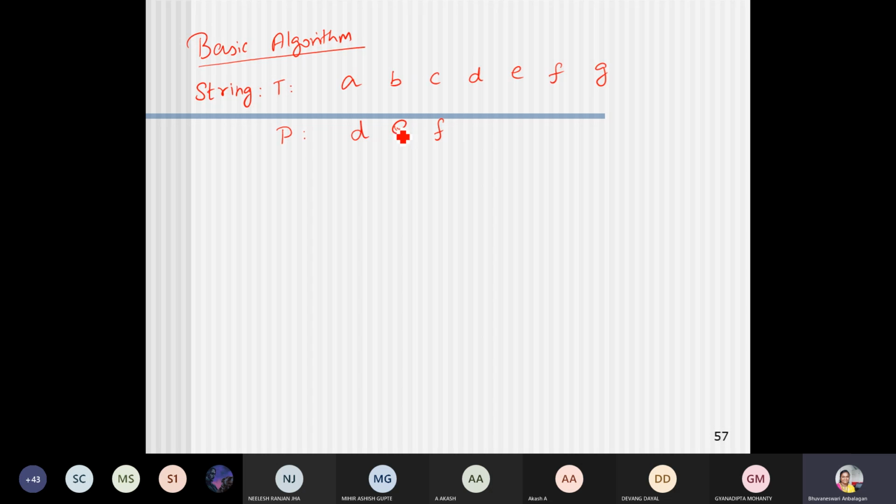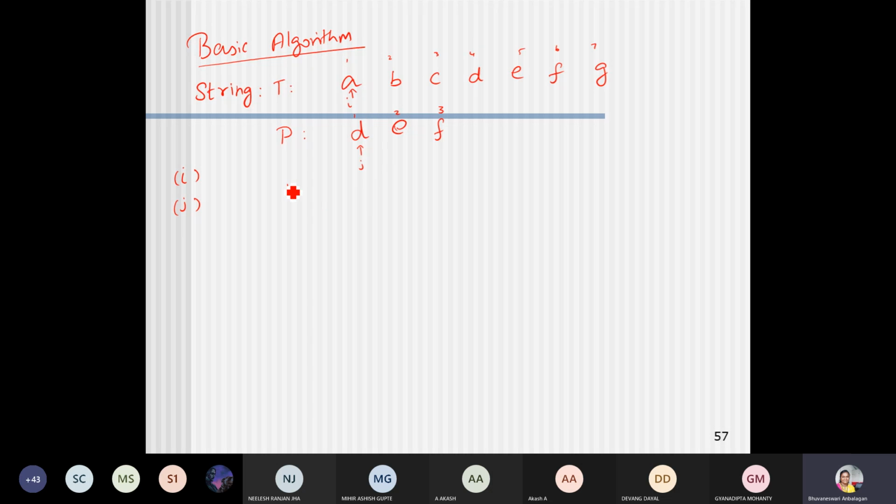So how will the searching actually work? We'll consider this with some numbering 3, 4, 5, 6, 7, which is going to get iterated with two different variables, I and J. I is for the text and J is for the pattern. So both the pattern and the text are handled by the variables I and J. Initially I is here, J is here.